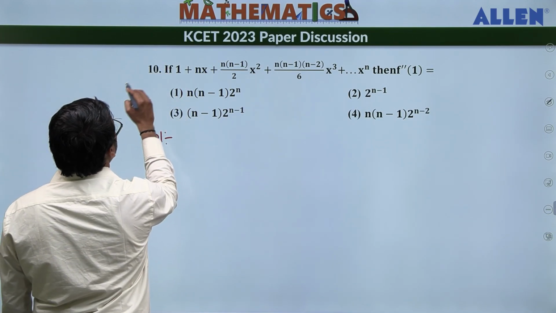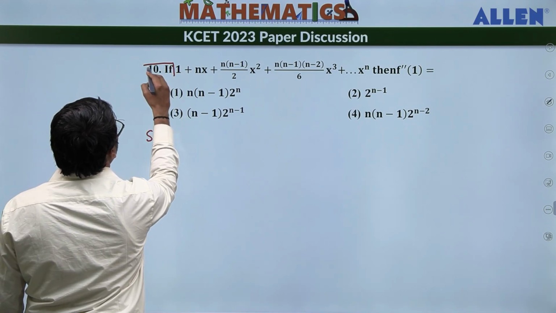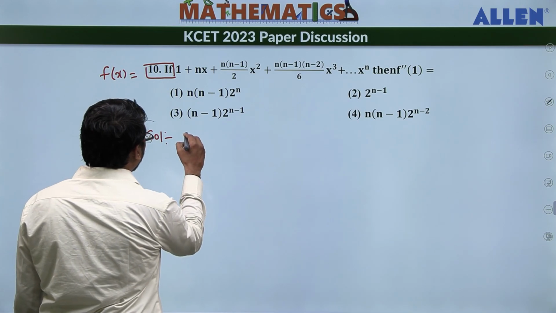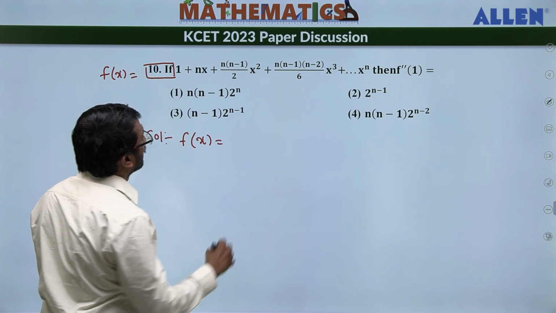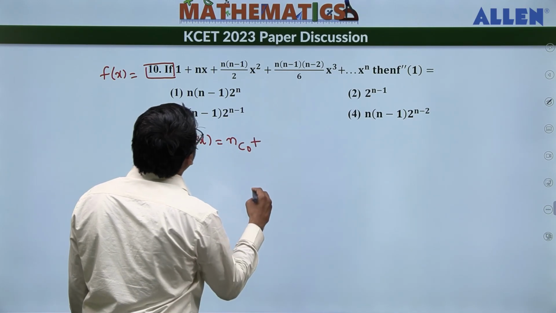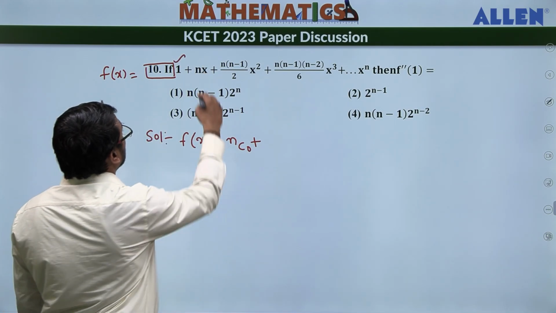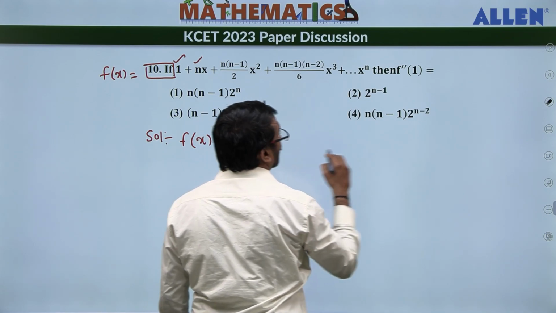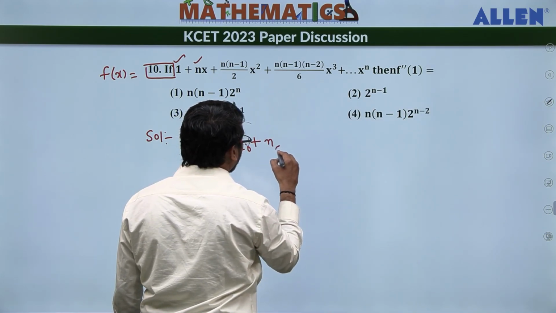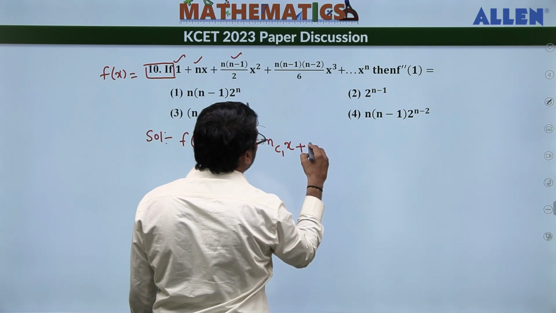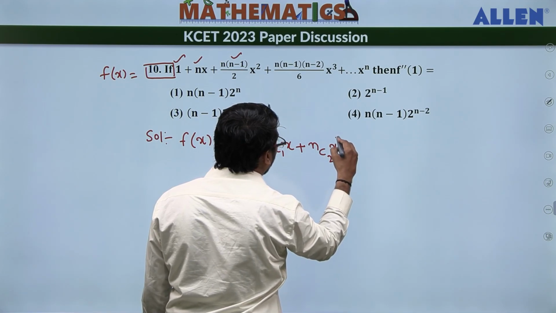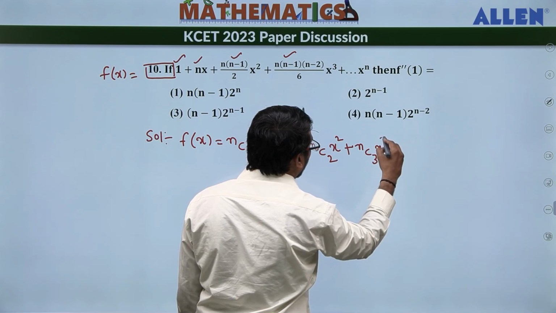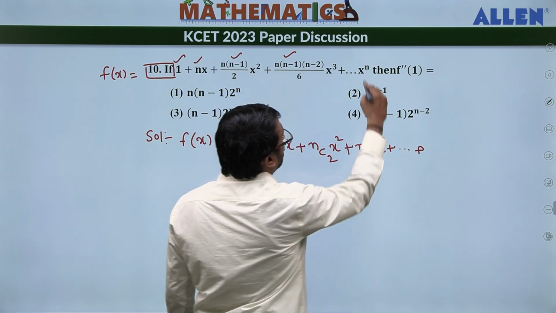So, this is f of x. That is f of x. So, what is f of x? 1 nC0, n nC1 x, n into n minus 1 by 2, n into n minus 1 into n minus 2 by 6, x power n.